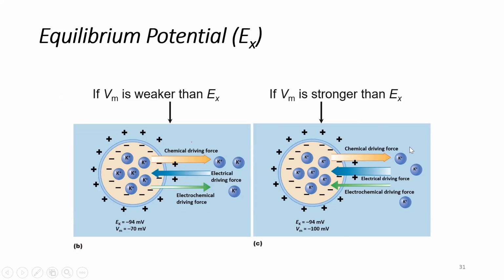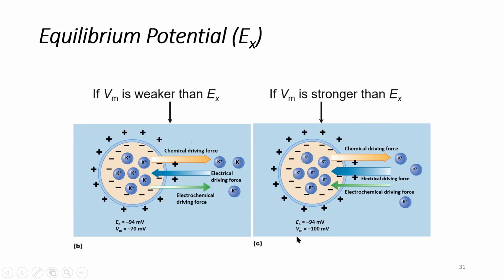On the right, or this illustration C here, we'll see the opposite relationship, so the opposite of that. This is what happens if the membrane potential is stronger than the equilibrium potential, okay? And so we can see that again at the bottom here. The equilibrium potential, again, -94 for potassium. The membrane potential at this time, right, the state of the cell at this time is a membrane potential of -100 millivolts.